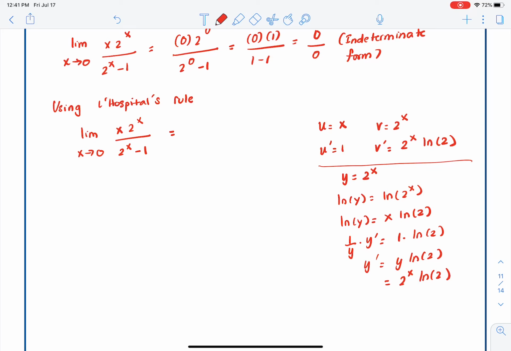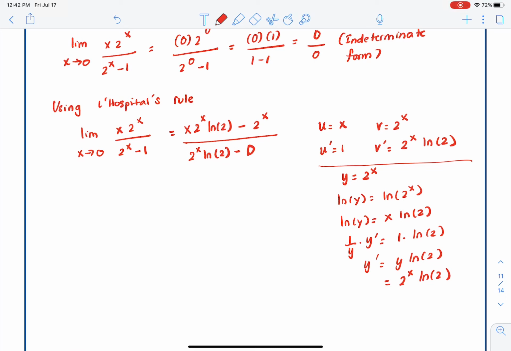Now we could use the quotient rule, u v prime, so x times 2 raised x ln of 2 minus 2 raised x, divided by 2 raised x ln of 2 minus derivative of 1 is 0.